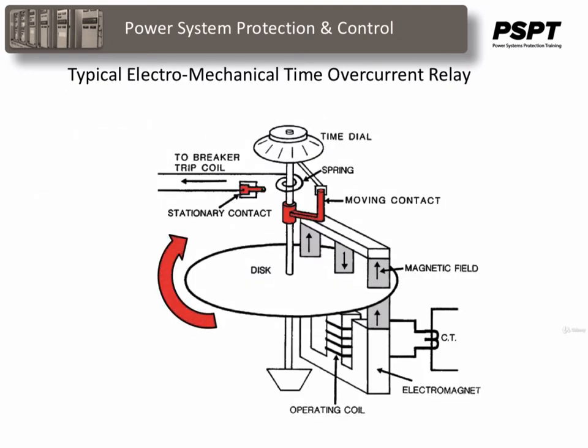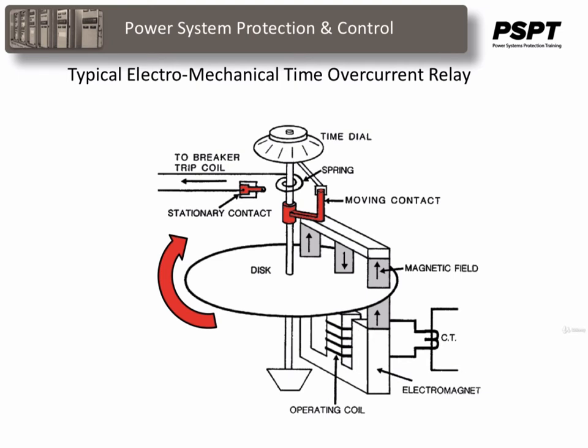The inverse time response can be provided by an induction disk unit. In the induction disk unit, a metal disk is mounted on a shaft that can freely rotate. The current coils are fixed and create a magnetic field that induces eddy currents into the metal disk. The magnetic field of the eddy currents interacts with the magnetic field of the stationary coils and produces torque on the disk.